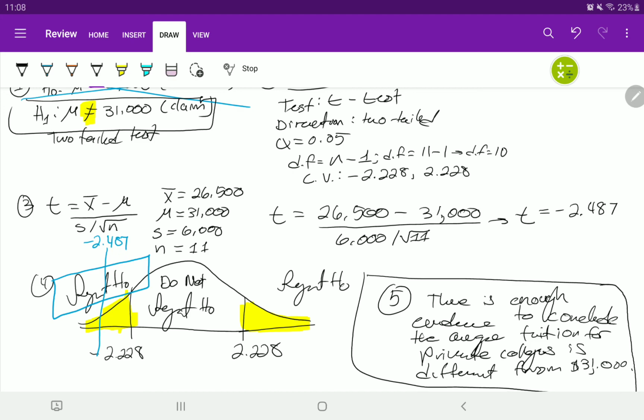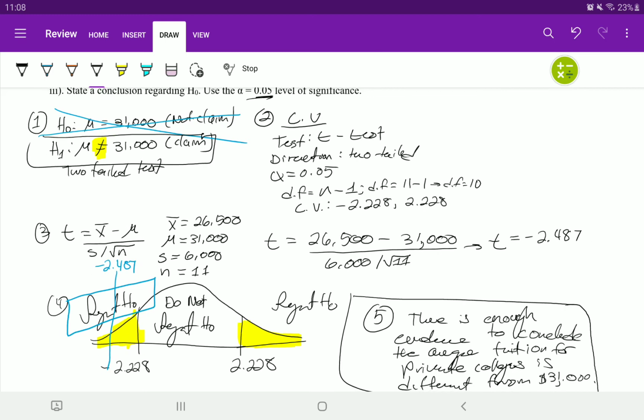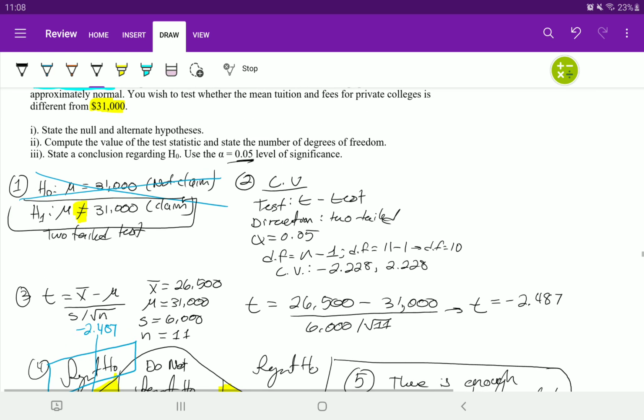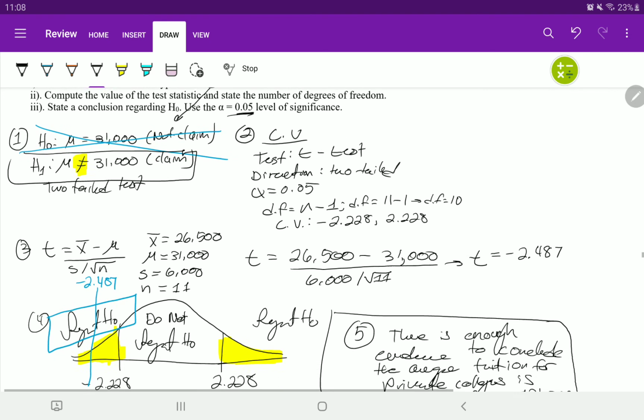All right. So this is how we do our one-sample t-test, which is a two-tailed test in this case, using the traditional method. But once again, we had different guidelines in the review sheet, so we're going to answer the questions. Number 1, state our null and alternative hypothesis. Well, this number 1 right here will be number 1 right here. That is the answer. Number 2 says compute your value of your test statistic, which we did in step 3.